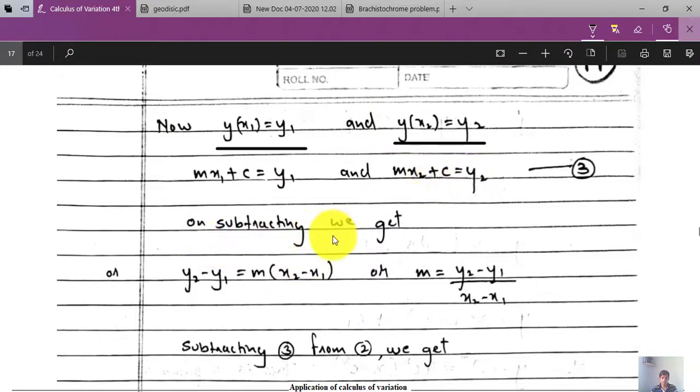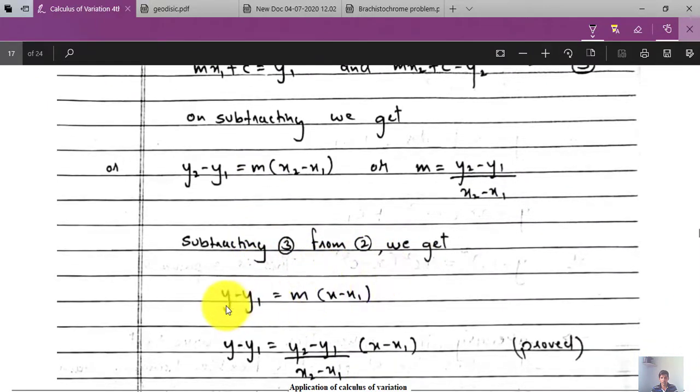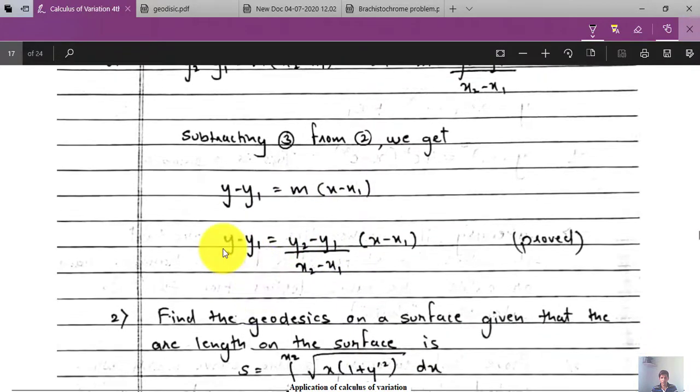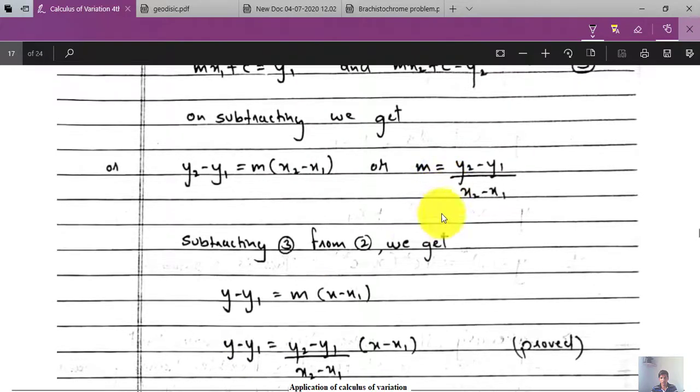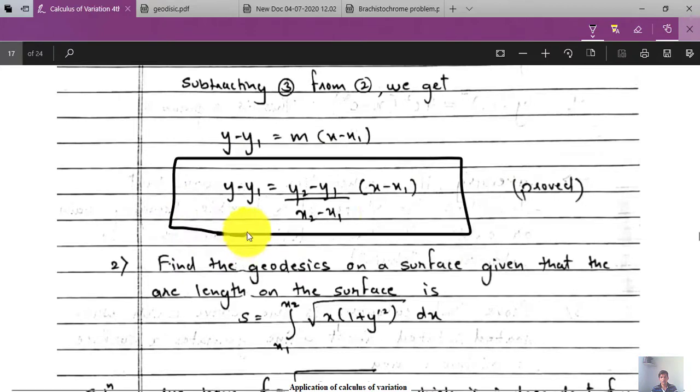On subtracting, y2 minus y1 is equal to m times (x2 minus x1), or m is equal to (y2 minus y1) divided by (x2 minus x1). Subtracting 3 from 2, we get y minus y1 is equal to m times (x minus x1). So y minus y1 is equal to (y2 minus y1) divided by (x2 minus x1) into (x minus x1). This turns out to be your output, which is the shortest distance, that is the minimum distance, right?